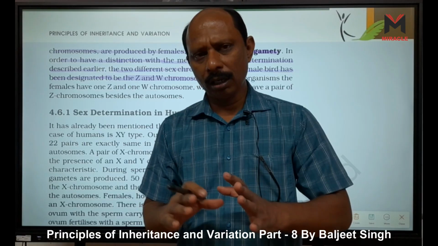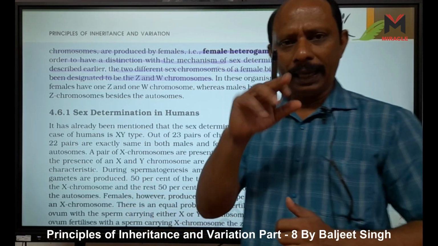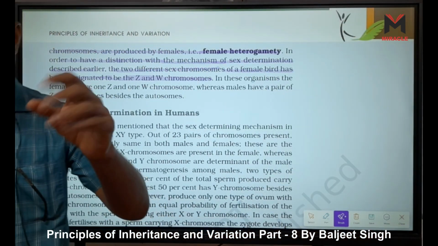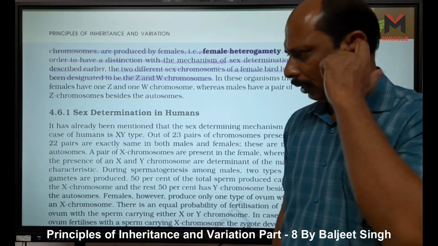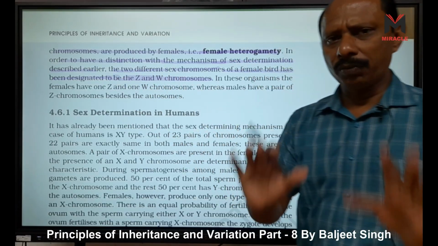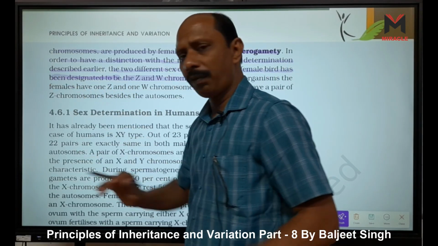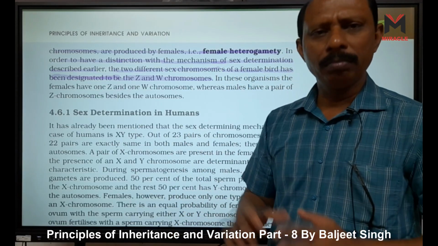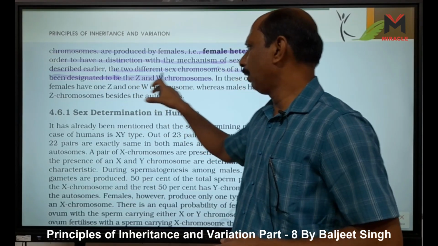In humans or Drosophila, X has 4 arms, and our Y chromosome is the smallest chromosome and has only 3 arms. So mostly we make an effort to use an alphabet letter that resembles the chromosome structure. It is not accurate, but nearly the same. Z and W chromosomes.